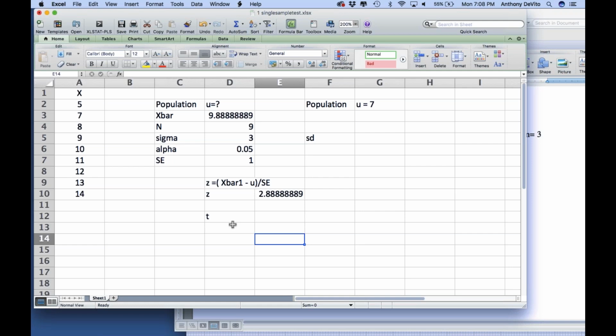So with a very large sample size, we're tempted to just say, let's calculate z instead. Well, what's a big sample size?